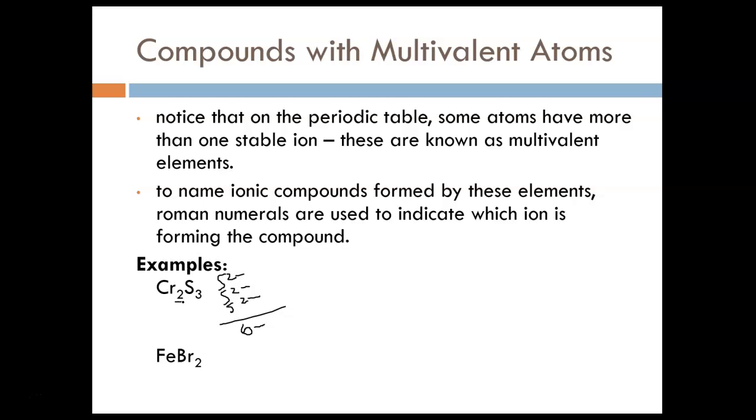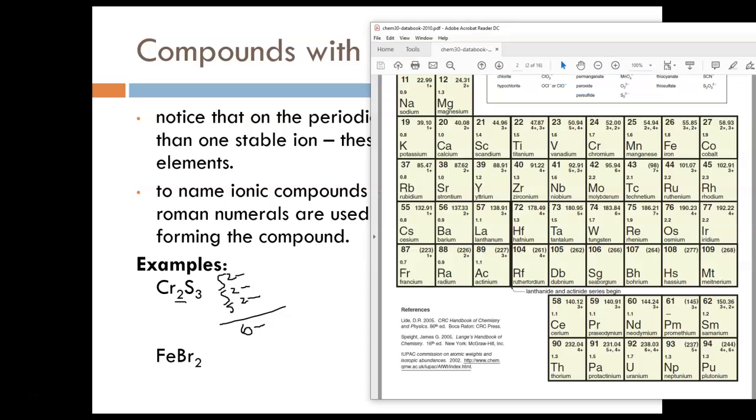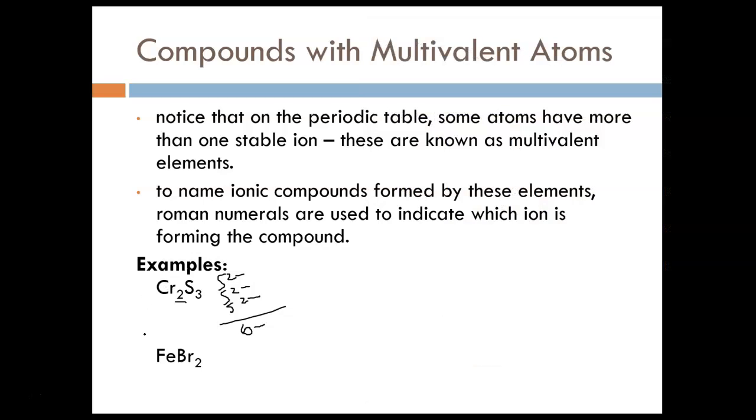But what's important here is we only have 2 chromiums to work with. As we saw, there are 2 versions of chromium, a 3 plus and a 2 plus. If we were working with the 2 plus version and we only had 2 chromiums, so Cr2 plus and Cr2 plus, those two would only come to a total of 4 plus.